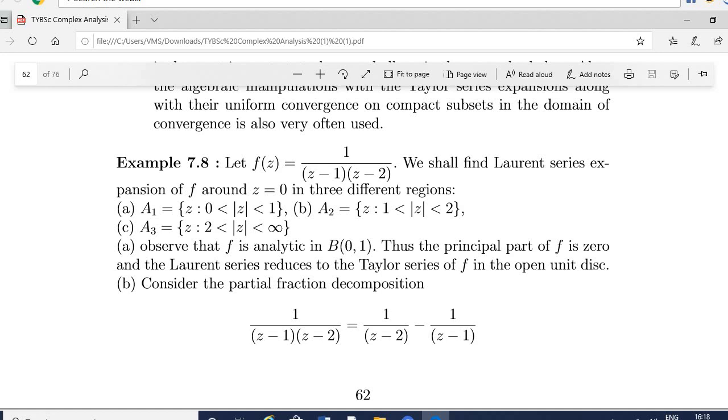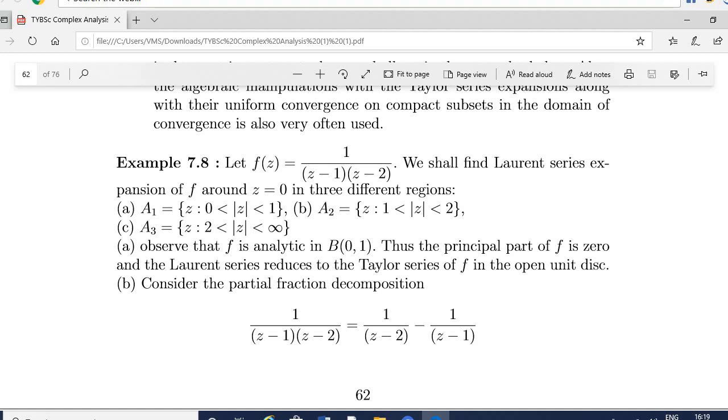And A3 is z such that 2 less than mod z less than infinity, which means it is outside the disk of radius 2. So the disk of radius 2 is omitted from the complex plane and all the other region is included. So mod z is bigger than 2.